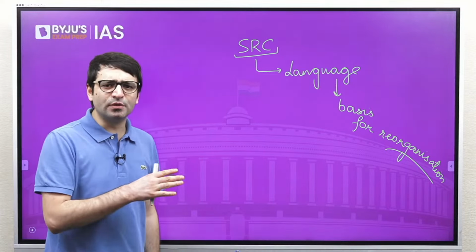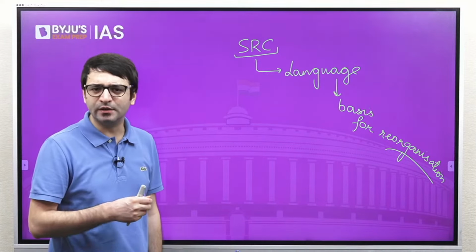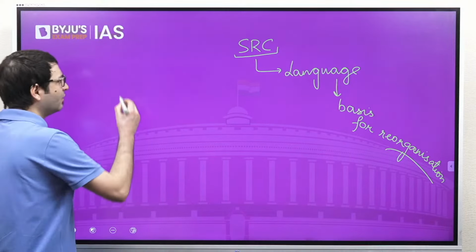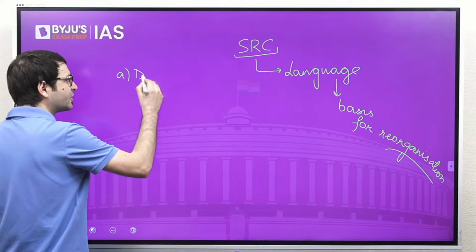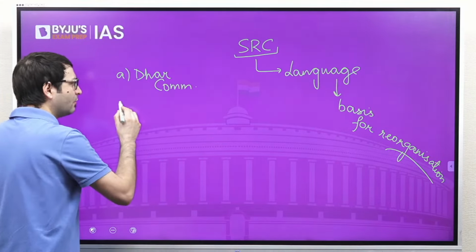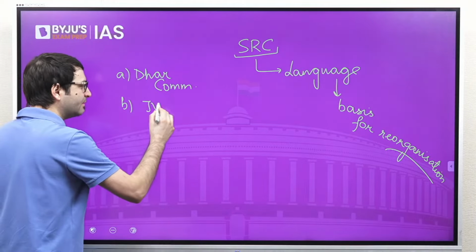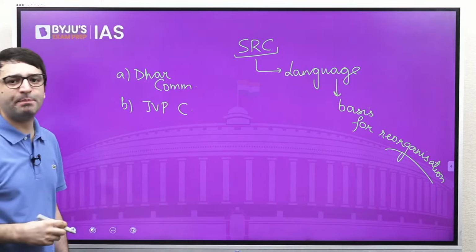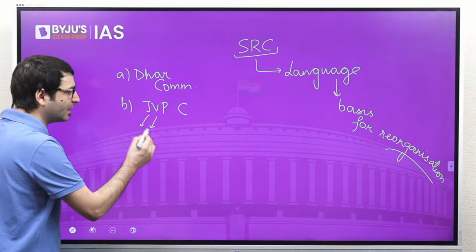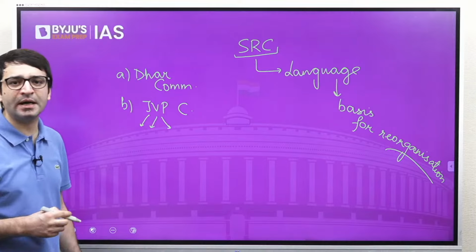Because prior to the States Reorganization Commission, various committees, various commissions were set up. For example, Dar Commission. For example, JVP Committee, which consisted of Jawaharlal Nehru, Sardar Vallabhbhai Patel, Pattabhi Sitaramayya.